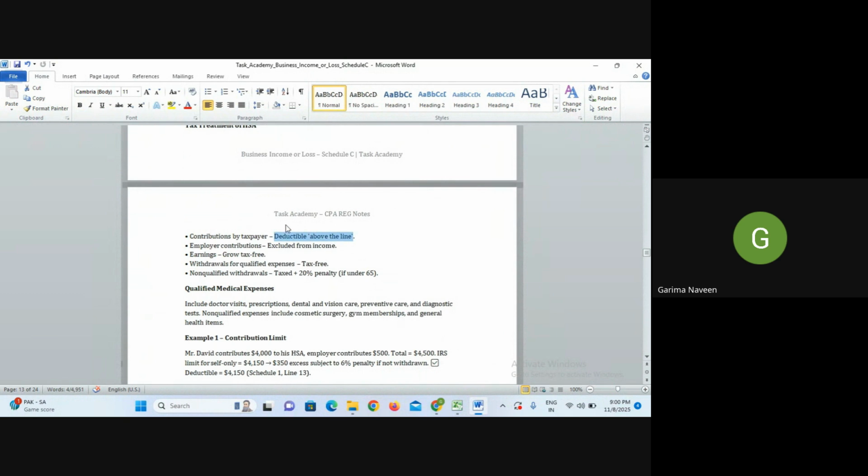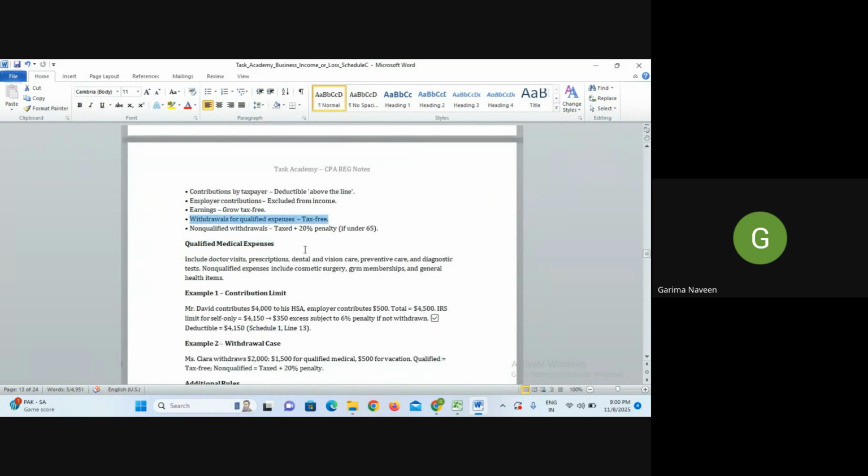Since you are getting the deduction for the contribution, if you get a withdrawal and you use it for non-qualified purposes, then it will be subject to taxes. Otherwise, it is a tax-free withdrawal if you use it for qualified medical expenses. But if you use it for non-qualified purposes, then it is subject to taxes and also a penalty.